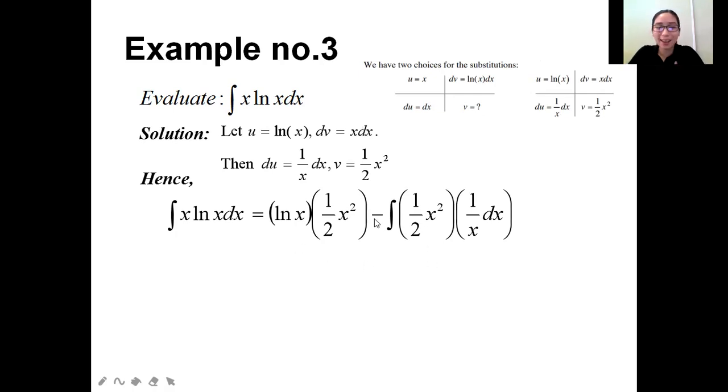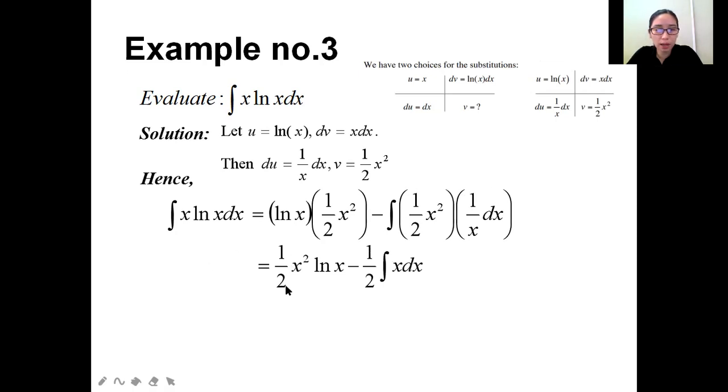Okay, so back to our example. Our u is ln x, our v is 1/2 x squared, minus the integral of our v times du. So, let's simplify it.